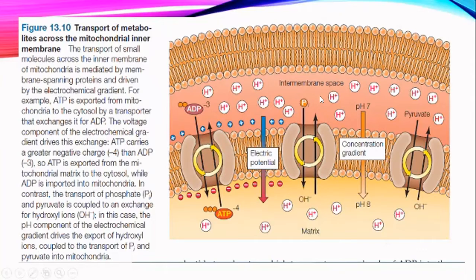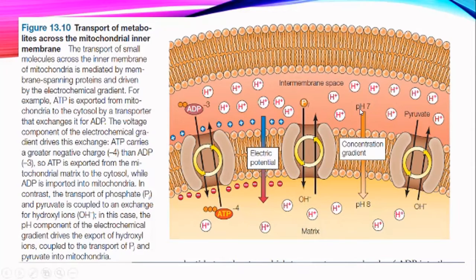This is the intermembrane space. So this is the space between the OMM and IMM. So this layer is the IMM. Now, in the matrix, the pH is more basic, which has a pH of 8, while sa intermembrane spaces, it is neutral.